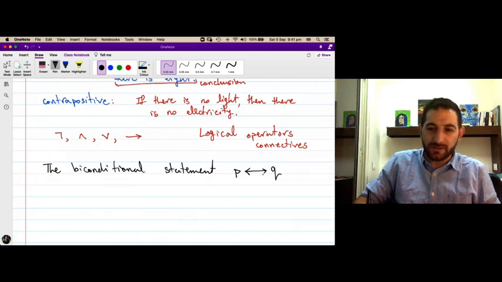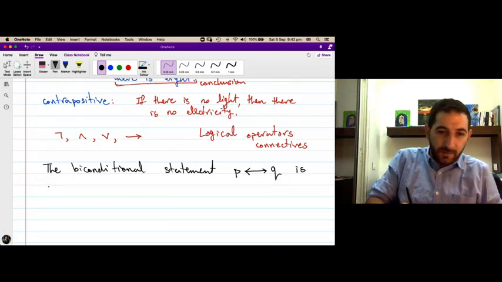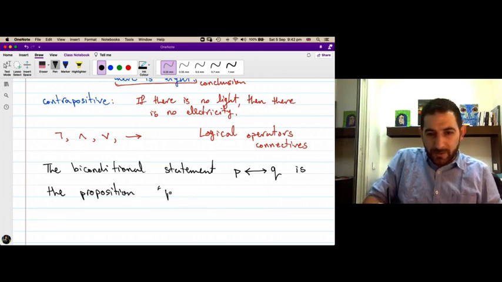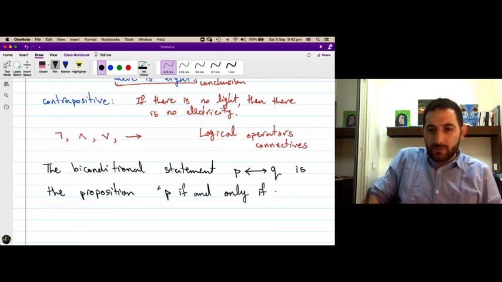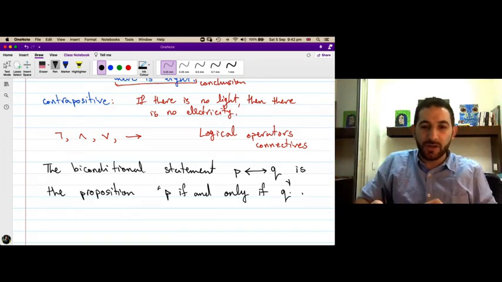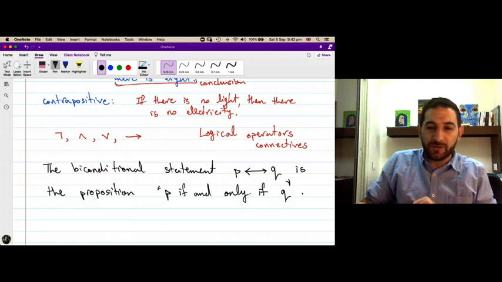We write it in this way, P double arrow Q. So what is this? It is the proposition P if and only if Q. We start with two propositions P and Q, and we form a new proposition called P if and only if Q, or the biconditional statement.